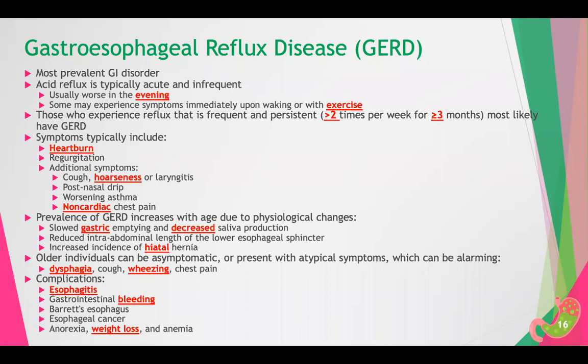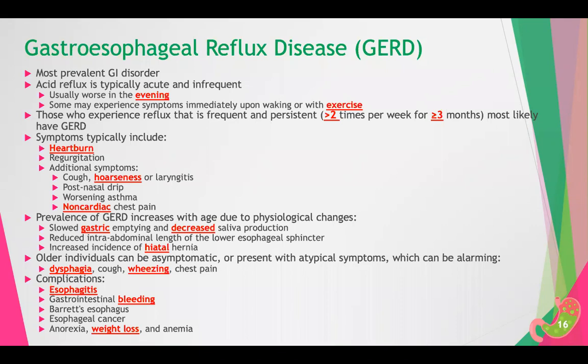Older individuals can be asymptomatic or present with atypical symptoms, and some of these atypical symptoms can be alarming in older individuals. So they might experience dysphagia or difficulty swallowing. They could have cough, wheezing, or chest pain. And when our older individuals experience some of these symptoms, it is typically a cause for alarm because they might think that they're having a heart attack when really they're just having indigestion.